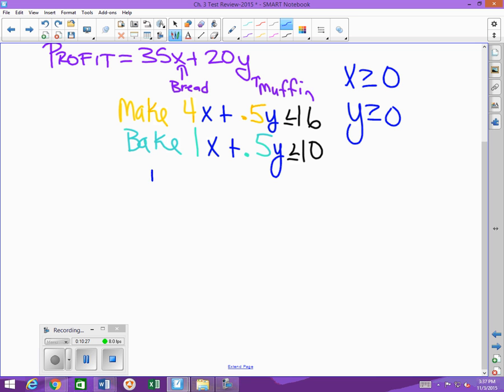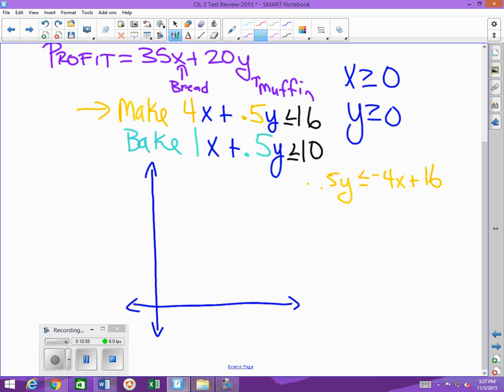So x is greater than or equal to 0 is here. y is greater than or equal to 0 is there. So this equation, if you solve it for y, you would subtract 4x to get 0.5y is less than or equal to negative 4x plus 16, then times by 2 on both sides to get y is less than or equal to negative 8x plus 32.